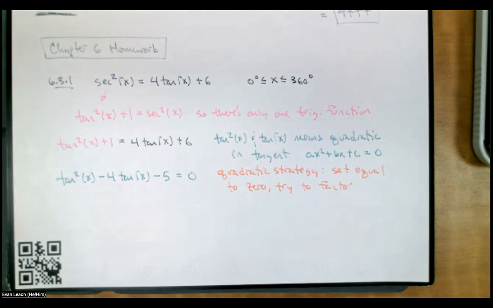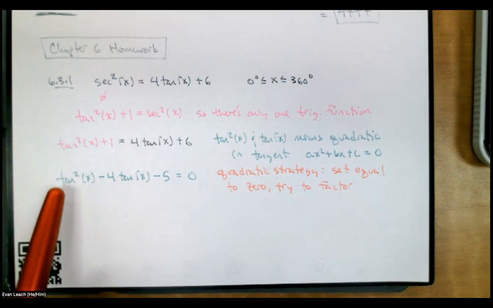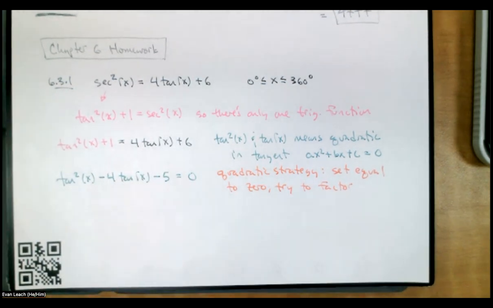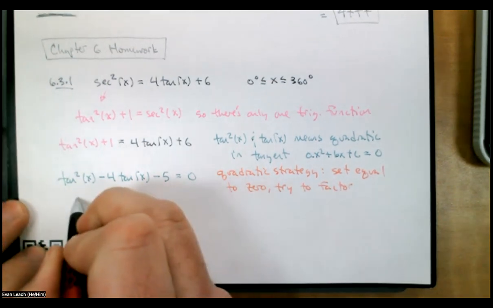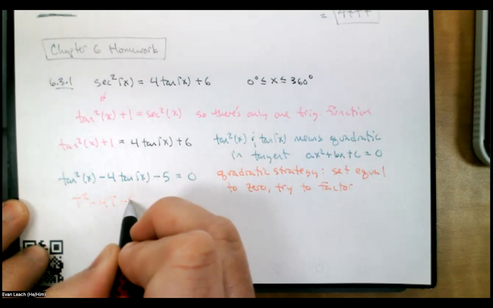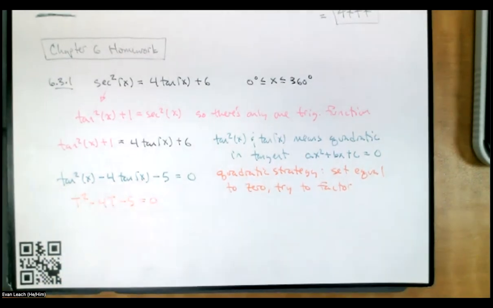It's harder to see the factoring when the problem's all written out in tangent. So we're imagining something squared minus 4 something minus 5 equals 0. I'm thinking of the problem as just something squared minus 4 of that thing minus 5 equals 0 to help me factor it.